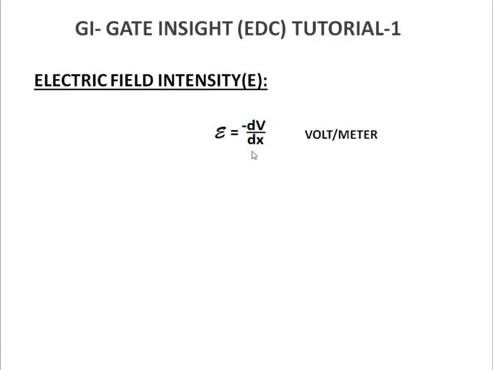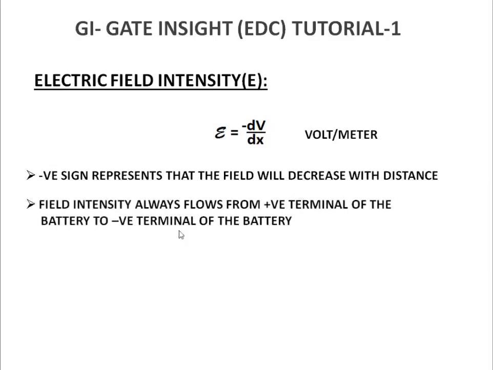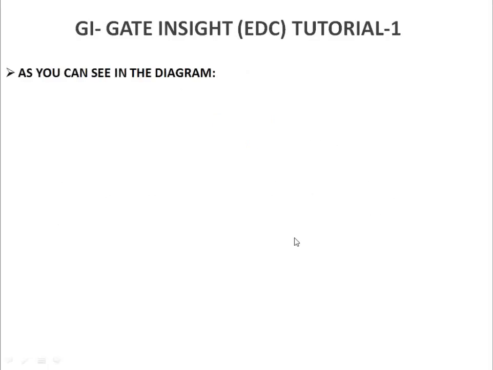The unit for electric field is volt per meter, because this is the ratio of potential divided by distance. So the negative sign represents that the field will decrease with distance. And the field intensity always flows from the positive terminal of the battery to the negative terminal of the battery. That is important to remember.